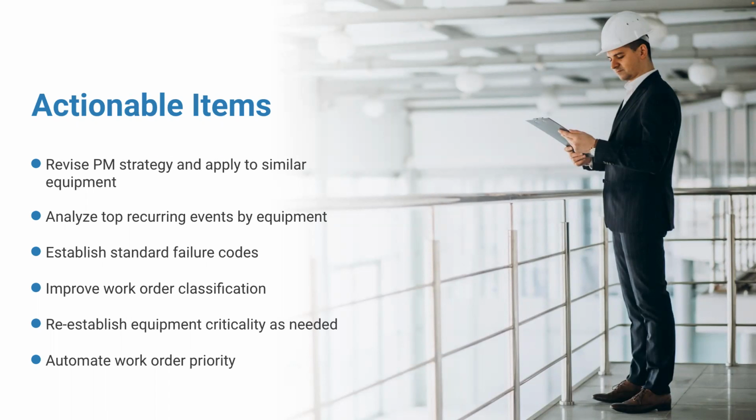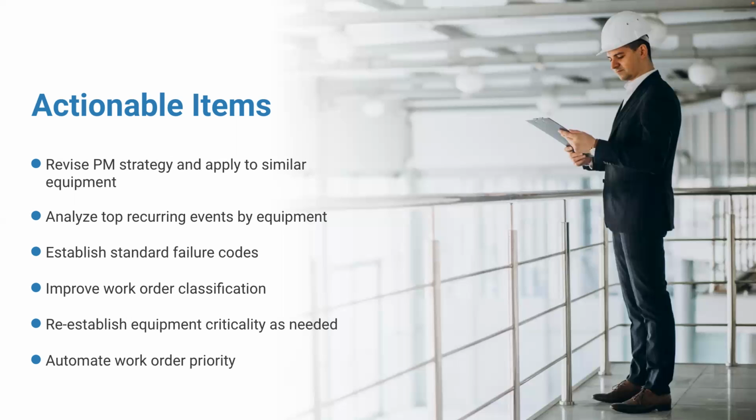We definitely need a library of standard failure codes, right? To include the problem, the failure, the cause, and the action codes. That way we can improve how we classify our work orders. We can probably go and revise our equipment criticality as we need, based on how our operation is changing, right?